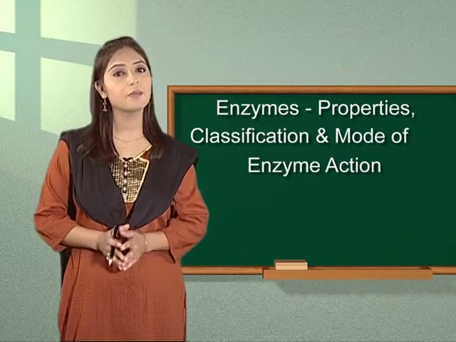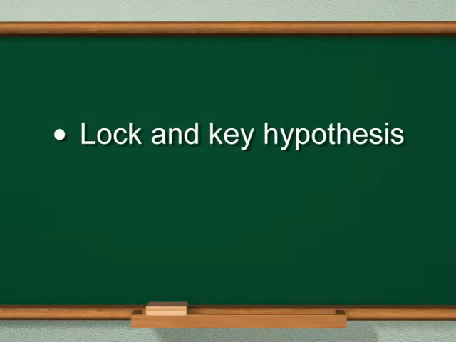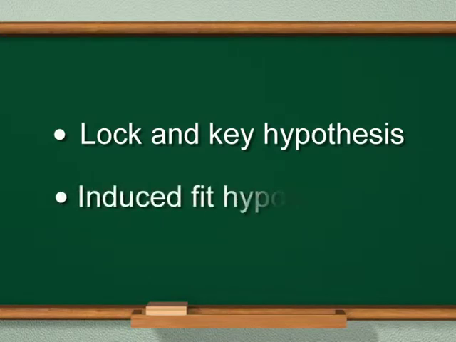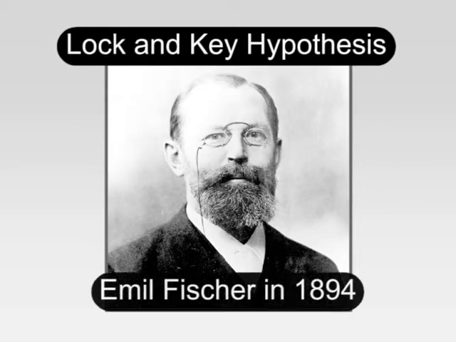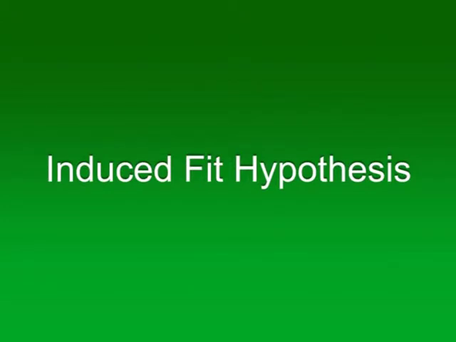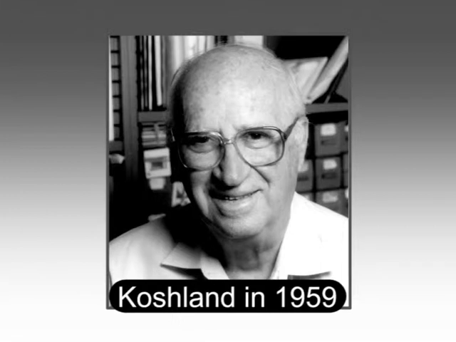The two hypotheses for mode of enzyme action are lock and key hypothesis, induced fit hypothesis. Lock and key hypothesis was put forward by Emil Fischer in 1894. Induced fit hypothesis was proposed by Koshland in 1959.